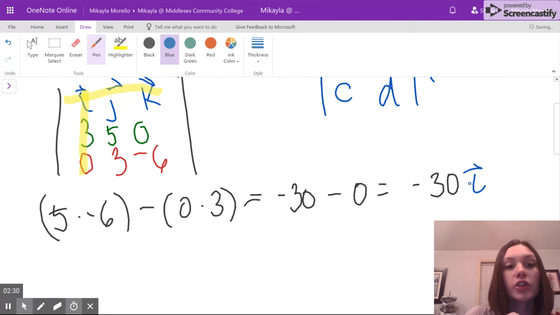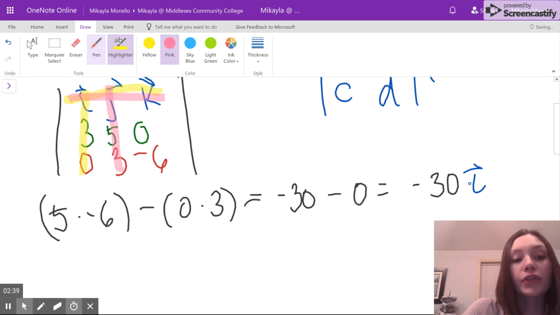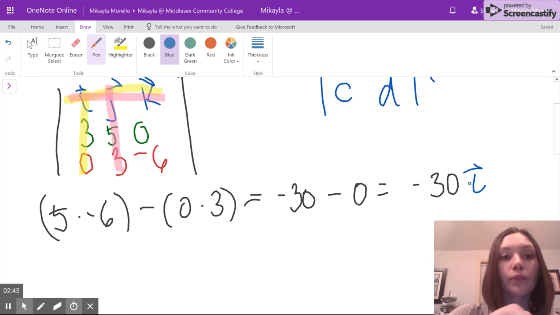And we are going to do the same thing for our j and k vector. So if I cross out the row and the column of j, that leaves me with the cofactor of 3, 0, 0, -6. So then I can do the determinant for that as well.